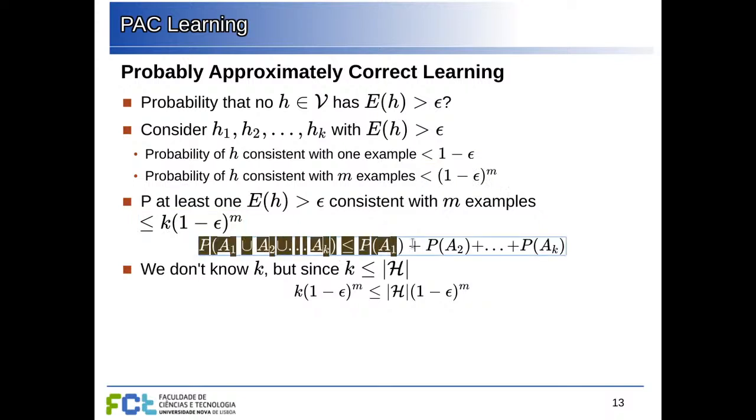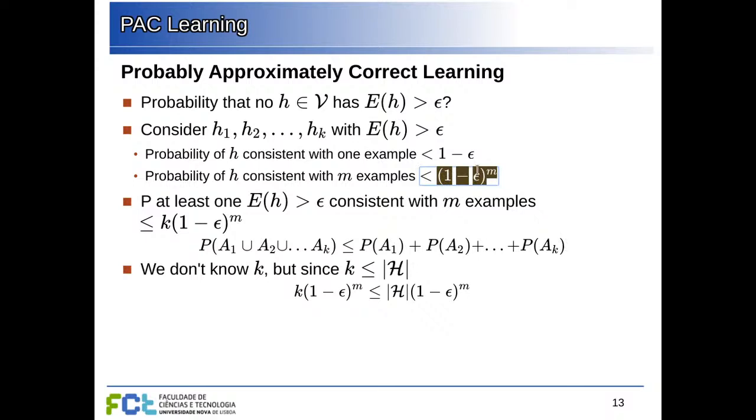Because this comes from that bound that we saw before. This would be the probability of one hypothesis doing this, or another, or another, and this must be lower than the sum of the individual probabilities. And if the individual probabilities are all below this, then this must be all below the number of these hypotheses multiplied by that term there.